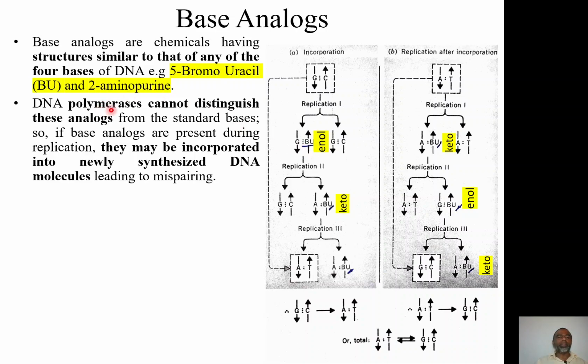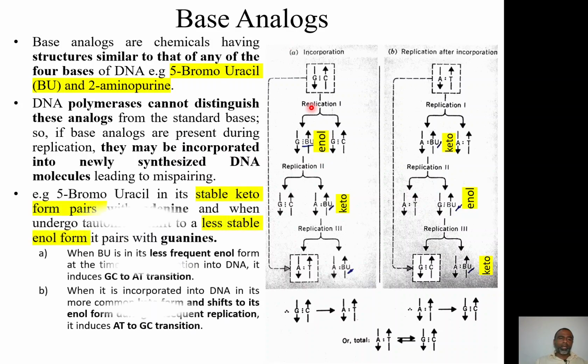So DNA polymerase, at the time of replication of the DNA, will not be able to distinguish that this is a separate chemical, this is a base analog. As a result, it will incorporate a wrong base at the position. Let us look at how it will happen.